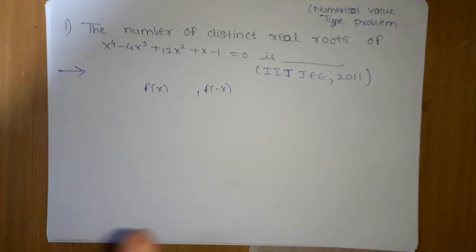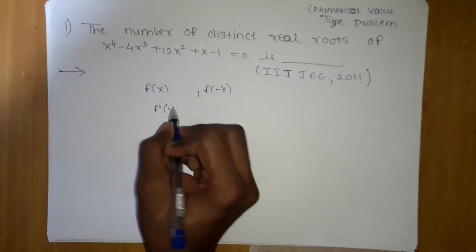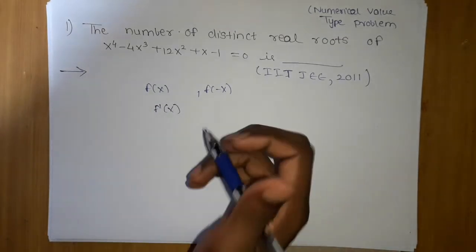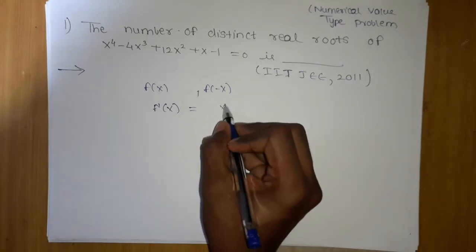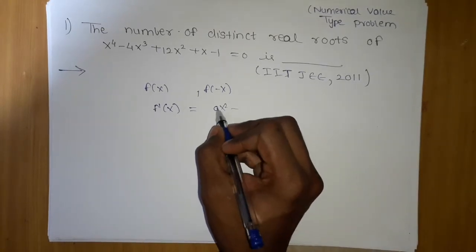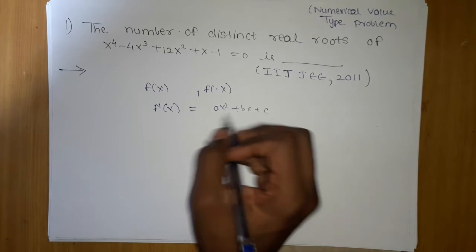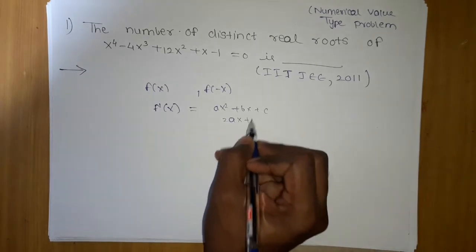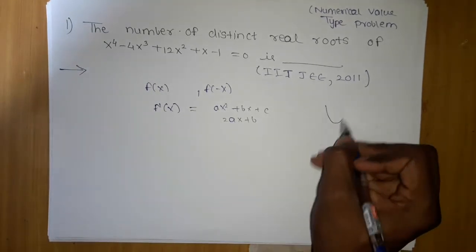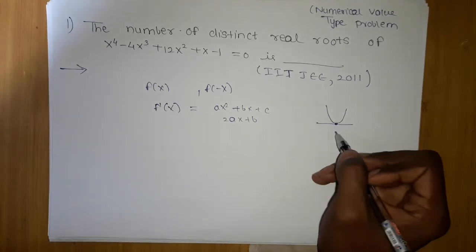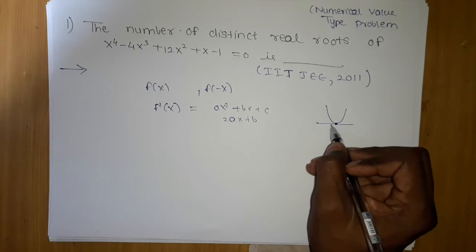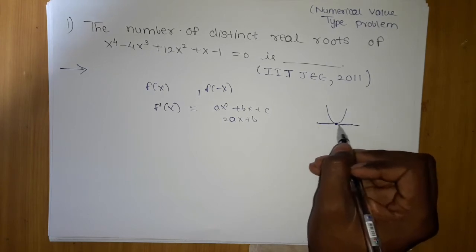So the other way which we use is checking f dash x. One more thing, if there is a quadratic equation ax square plus bx plus c, then its derivative 2ax plus b gives us the slope of the tangent, and we will get the point at which the line is tangent.